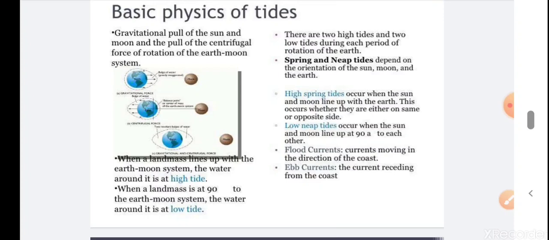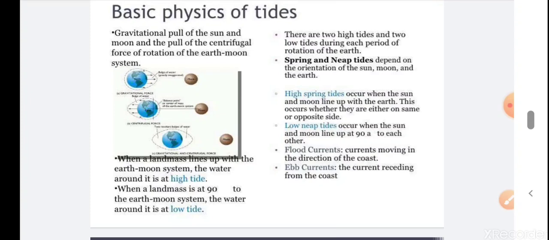There are some other tides which we call spring and neap tides, which depend upon the orientation of the sun, moon and the earth. High spring tides and low neap tides can be defined as follows.